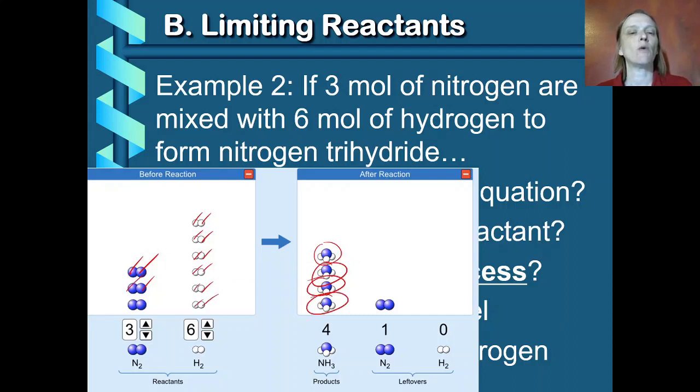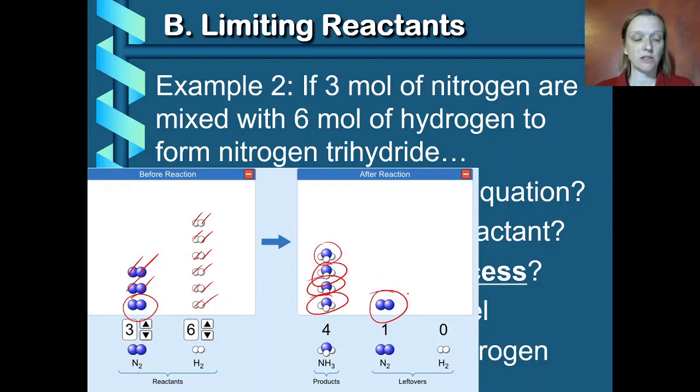I can create 4 moles of ammonia molecules, and I have left over 1 nitrogen molecule. So I need to write that. It can't just disappear. It's here in my products as a leftover.